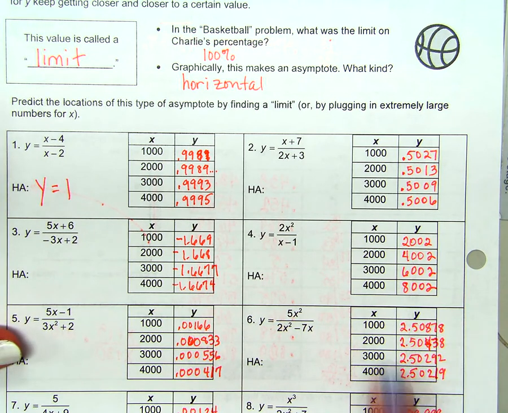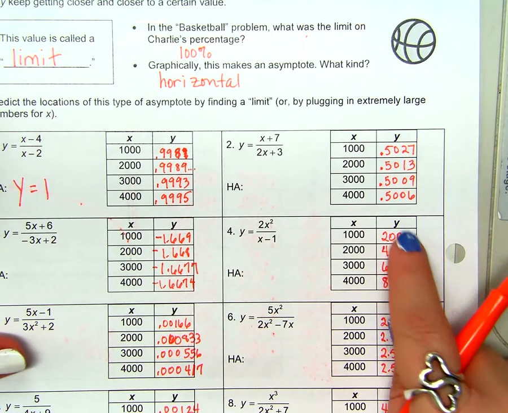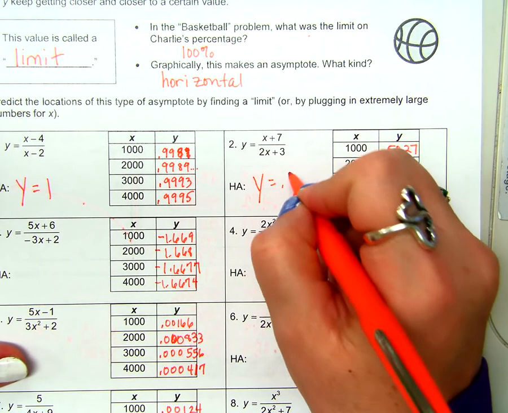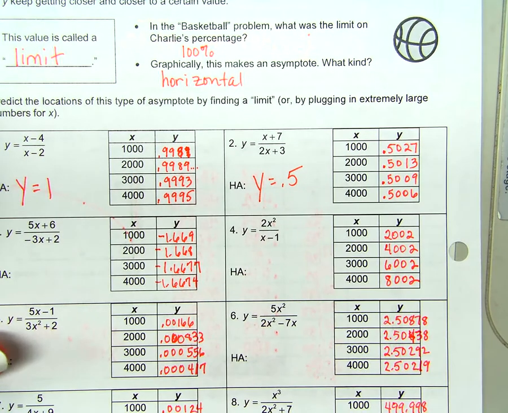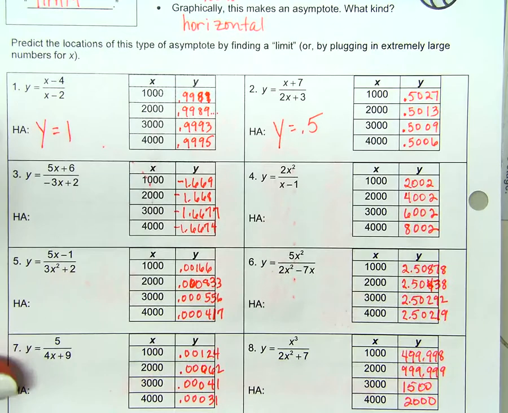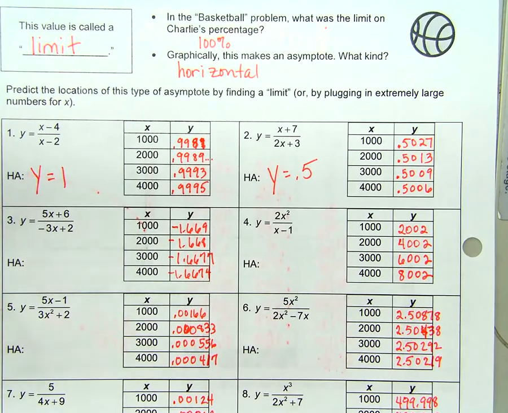What about number 2? Can you tell what that's getting closer and closer to? Y equals 0.5. That's a good point, though. It is past 0.5, but it's actually coming down to 0.5, right?